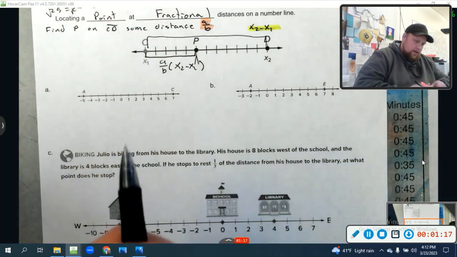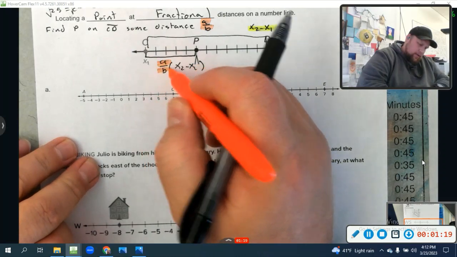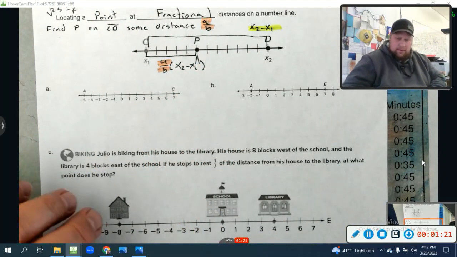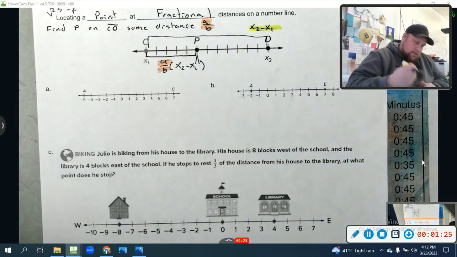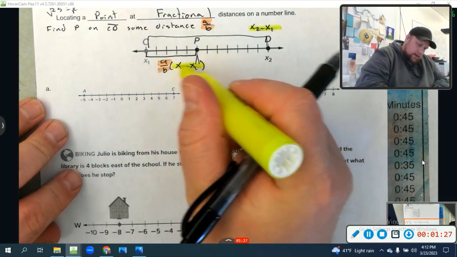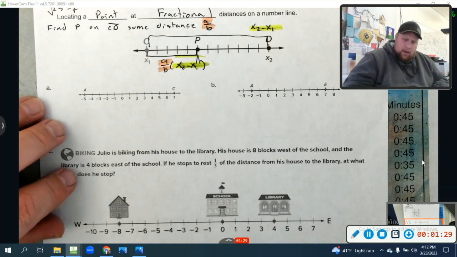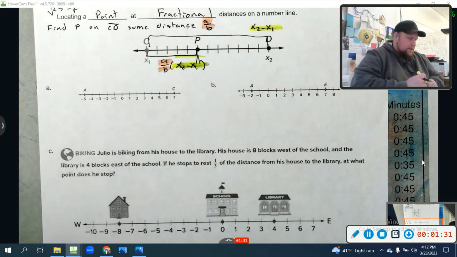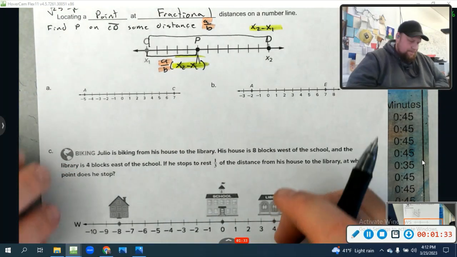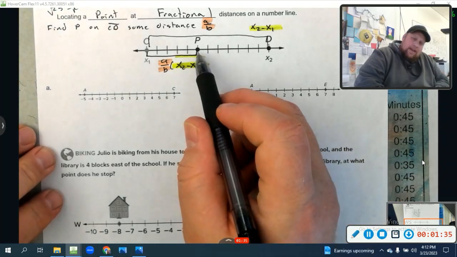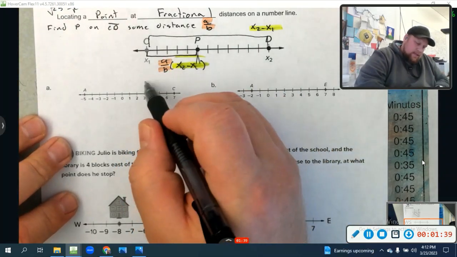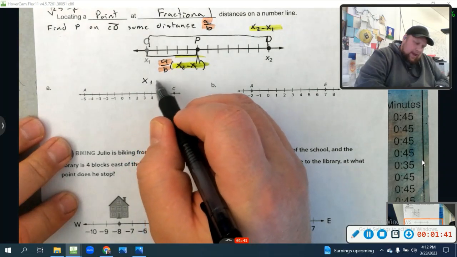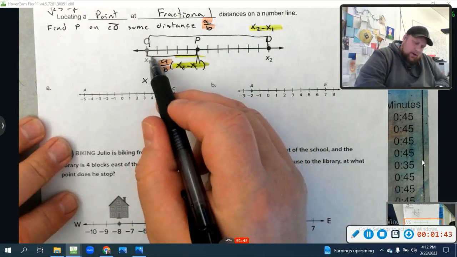So if I color code that, I just like to color code everything on this. It helps. Fortunately, my ink smudges, so it gets on my highlighter, but we'll do our best here. And if I want to find the exact location of that point P, I first have to take whatever this distance is, and add it to my starting point right here.